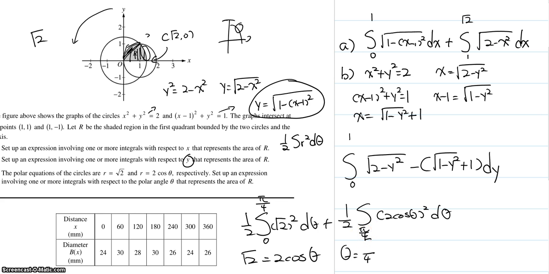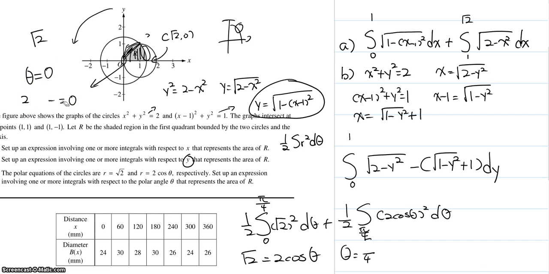But what about the ending point? At the ending point, see how r approaches 0, which means 2 cosine theta is 0. You may solve this and find that theta equals pi over 2, but we're not looking for the theta where it starts at 0.